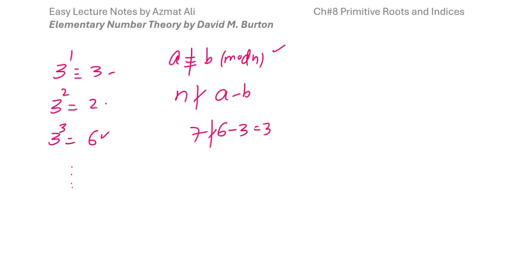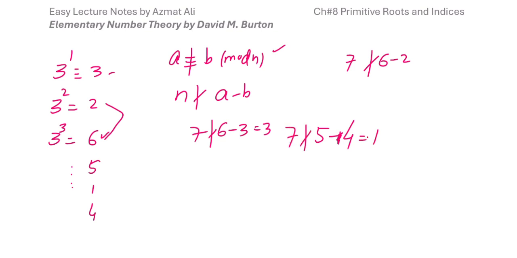If you take 6 minus 2, again 7 cannot divide it. Similarly, for the other integers 5, 1 and 4, if you take the difference 5 minus 4, 7 does not divide their difference. So these powers are incongruent to each other.